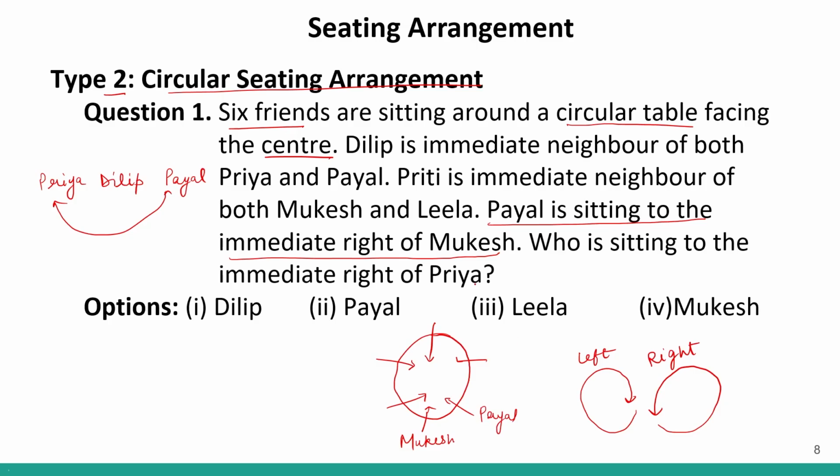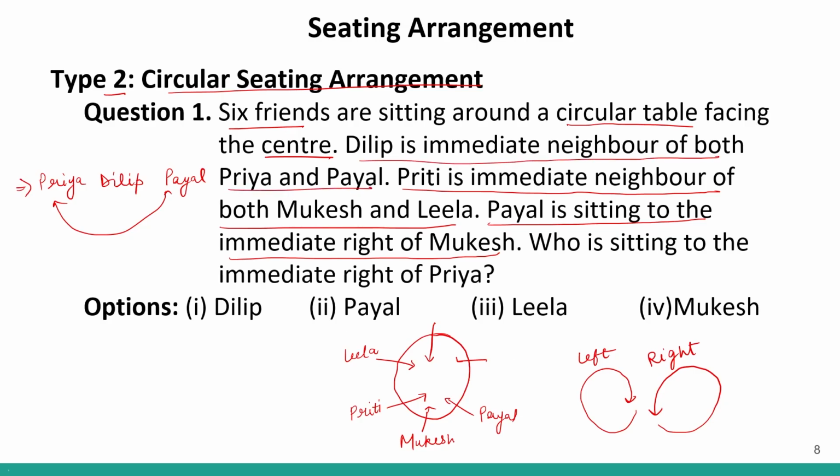Now can I use this information that Preeti is immediate neighbor of Mukesh and Leela? On the side towards the right of Mukesh, we already have Payal. Over this side, we can have Leela, correct? And between Mukesh and Leela, we can have Preeti, correct? Now we can use this information also that Dilip is immediate neighbor of both Priya and Payal.